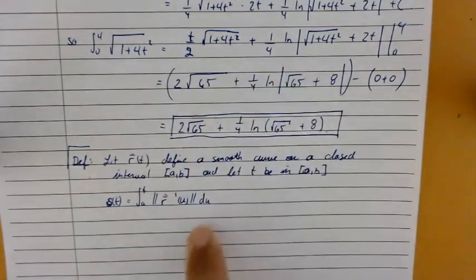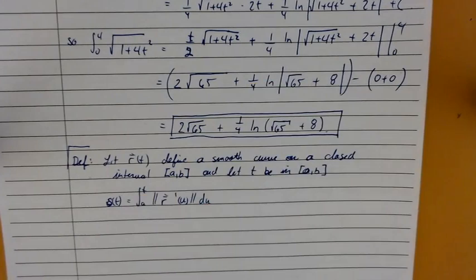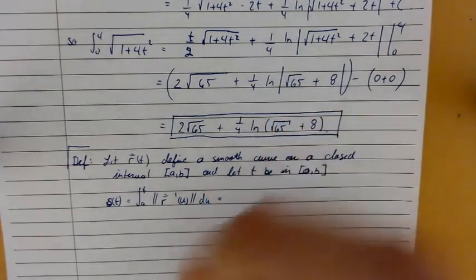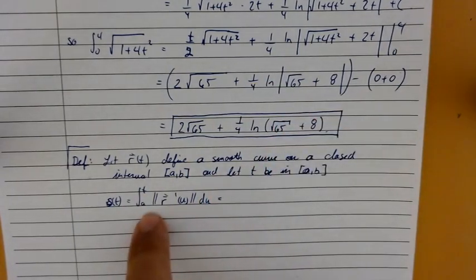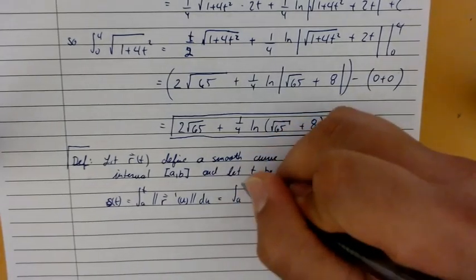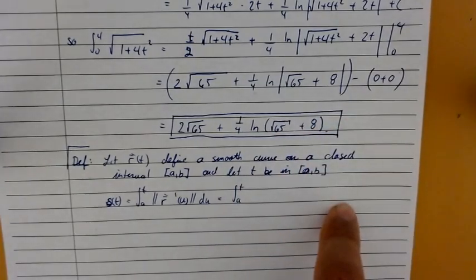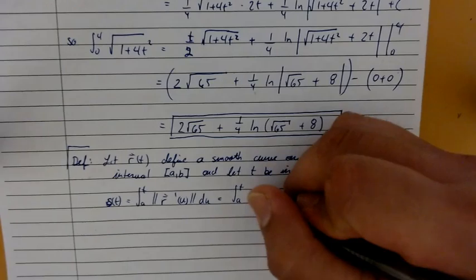You might wonder why u, because we're already using t as that upper bound, so it would be confusing to use t for more than one thing. Here, based off of how we've defined the arc length, you could also write this as the integral from a to t of, and here we're assuming this is in space, however this could be in the plane or in higher dimensions.